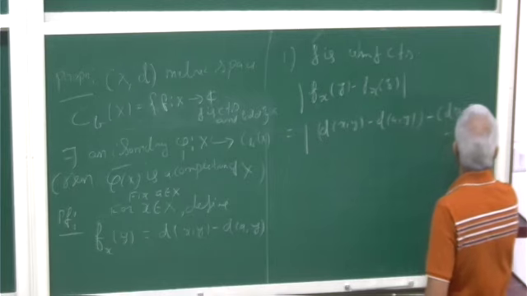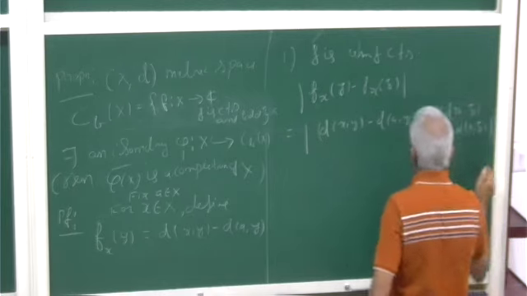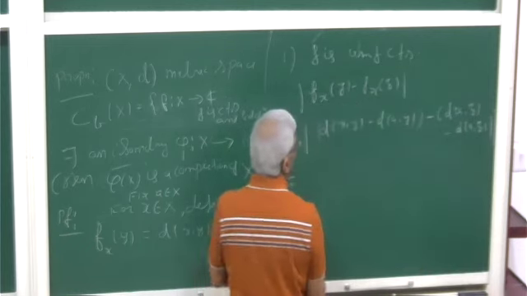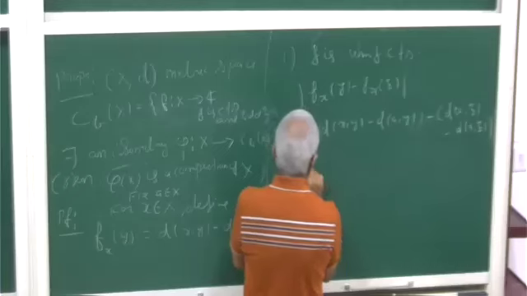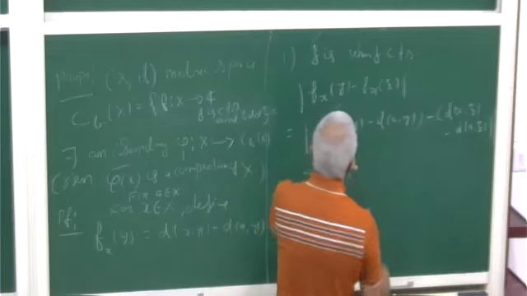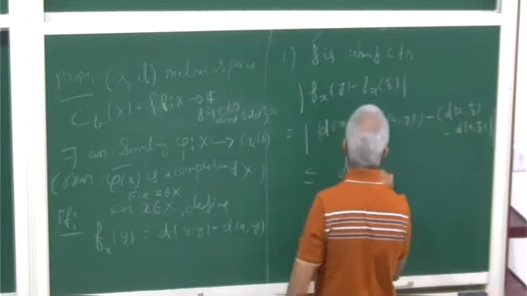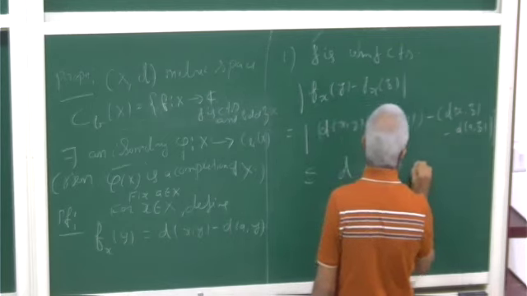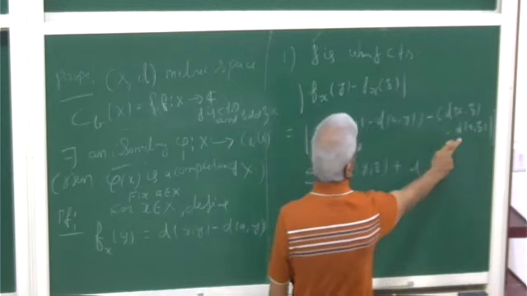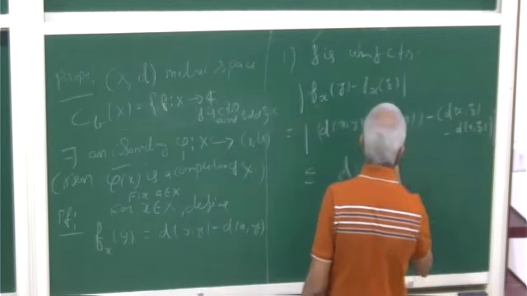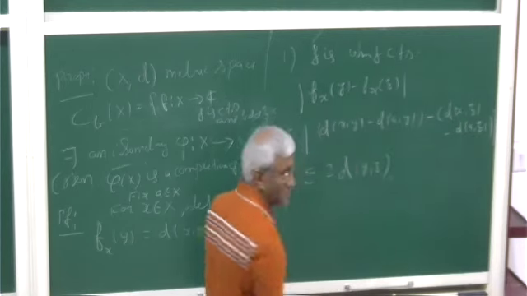So the same triangle inequality. You can take these two together, and the triangle inequality will tell you this is less than or equal to d(y,z) plus, again, another term, and a will go away. So 2 times d(y,z).